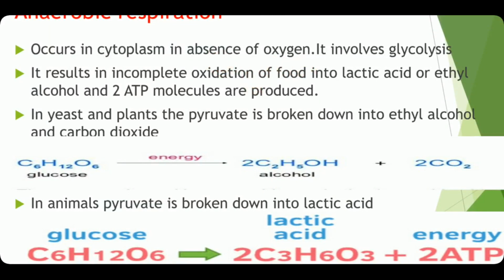In aerobic respiration, there are two phases. Don't confuse the aerobic phase and anaerobic phase with aerobic respiration and anaerobic respiration. Aerobic respiration includes two phases: one in the absence of oxygen, and the second in the presence of oxygen.